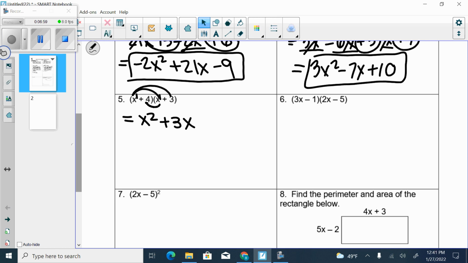So 4 times x, 4x. Good. And we also have to multiply the 4 times the 3. Then we go back and combine any like terms, which we end up with some right here in the middle, right? So I'm going to have x squared plus what? 7x plus 2. Very good.